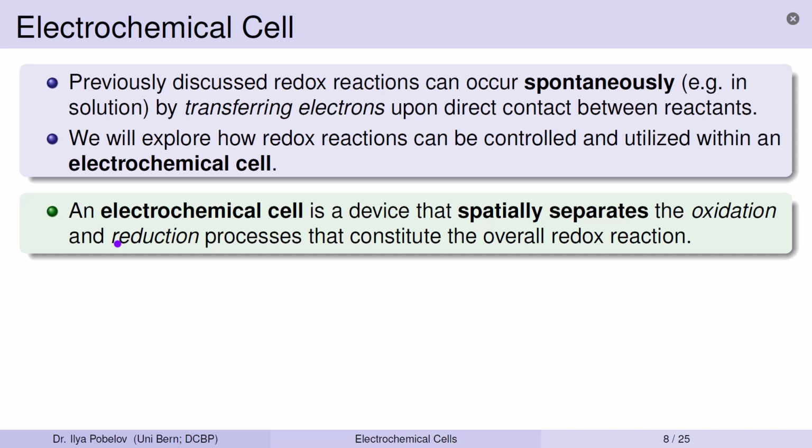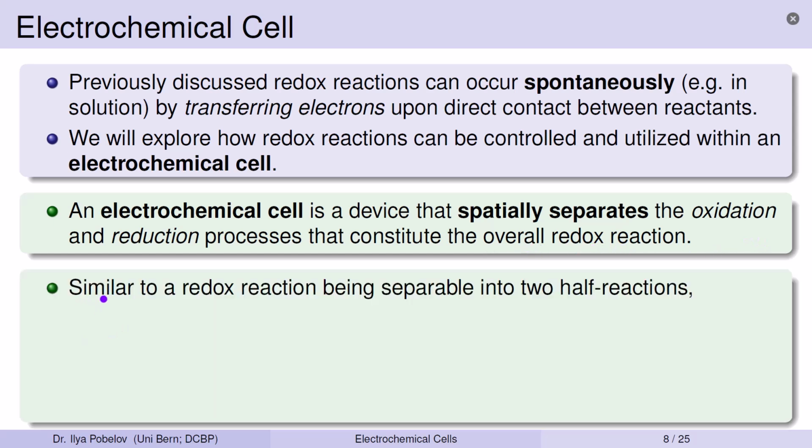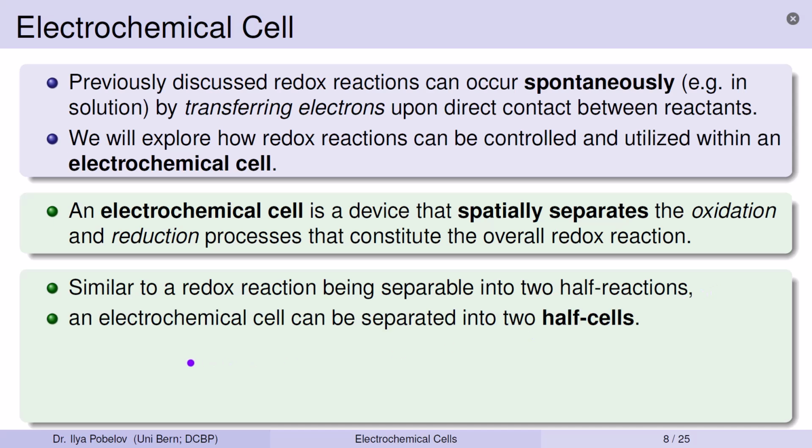An electrochemical cell is a device that spatially separates the oxidation and reduction processes that constitute the overall redox reaction. Similar to a redox reaction being separable into two half reactions, an electrochemical cell can be separated into two half cells.